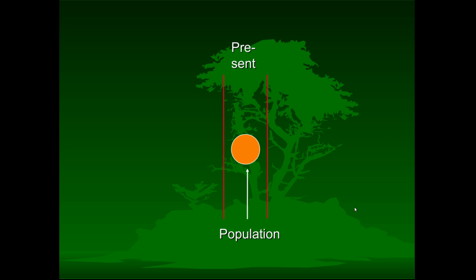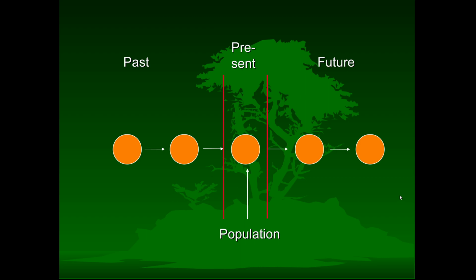So you can visualize a population as a collection of individuals here and now in the present. And an evolutionary lineage, or just lineage for short, is simply a population plus all populations descended from it and ancestral to it by implication. So this is an evolutionary lineage.